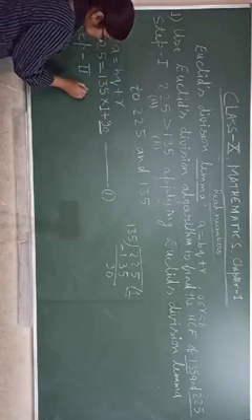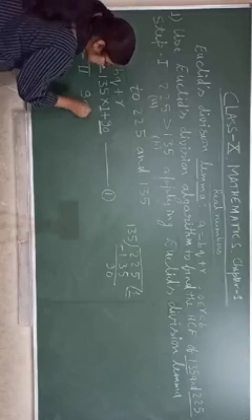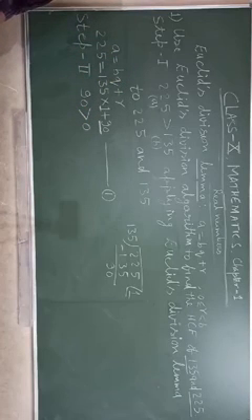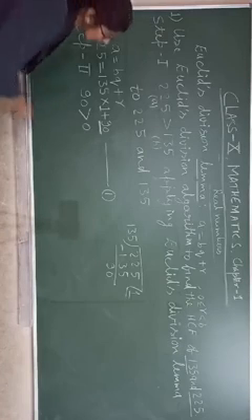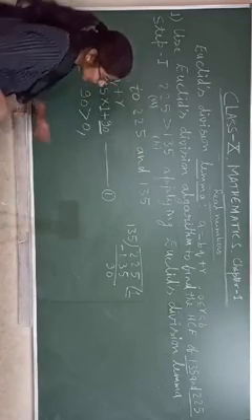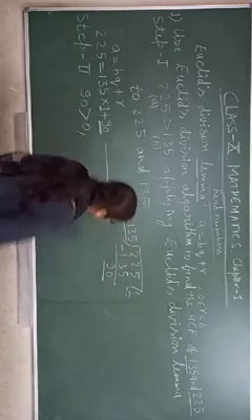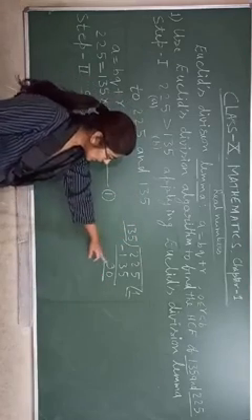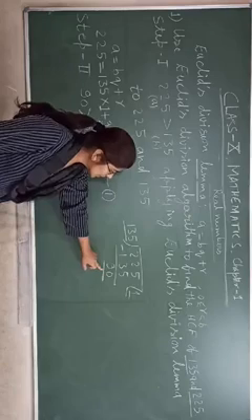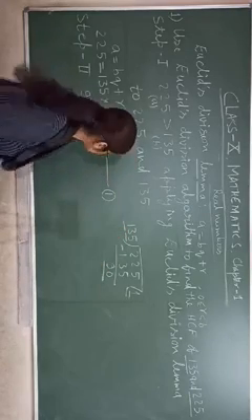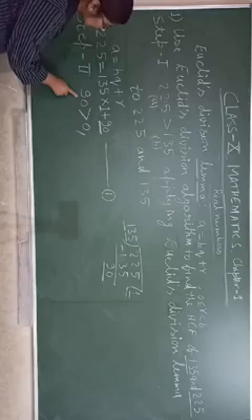So 90 is greater than 0. So again, now we have to take this one and this one. The smaller number, the remainder, will be B and this one will be A. Okay, hope you are getting this.